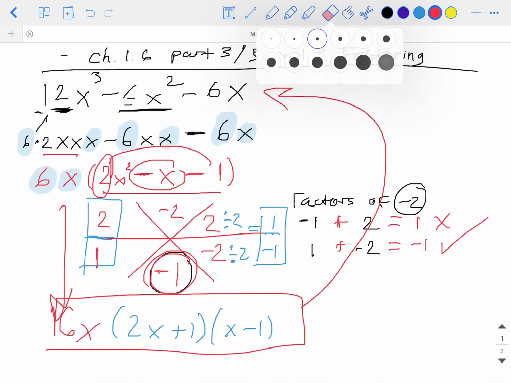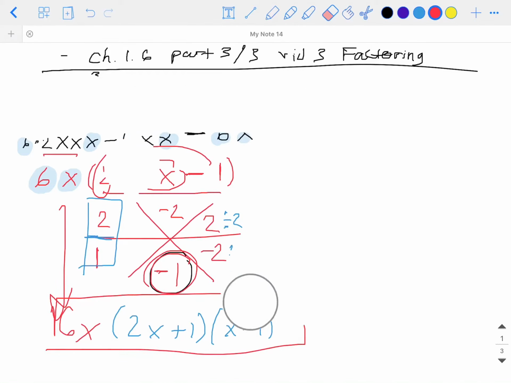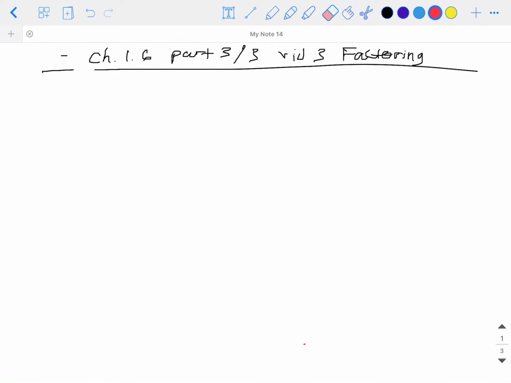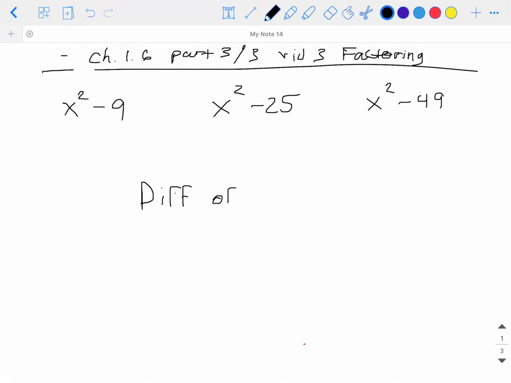Moving over with this section, I talked about special cases from the beginning of this video. Special cases involve polynomials that may have only 2 terms. You've got x² minus 9 and x² minus 25, and I'll just do x² minus 49. Now, there are special names for these kinds of polynomials, and those names involve the difference of perfect squares.